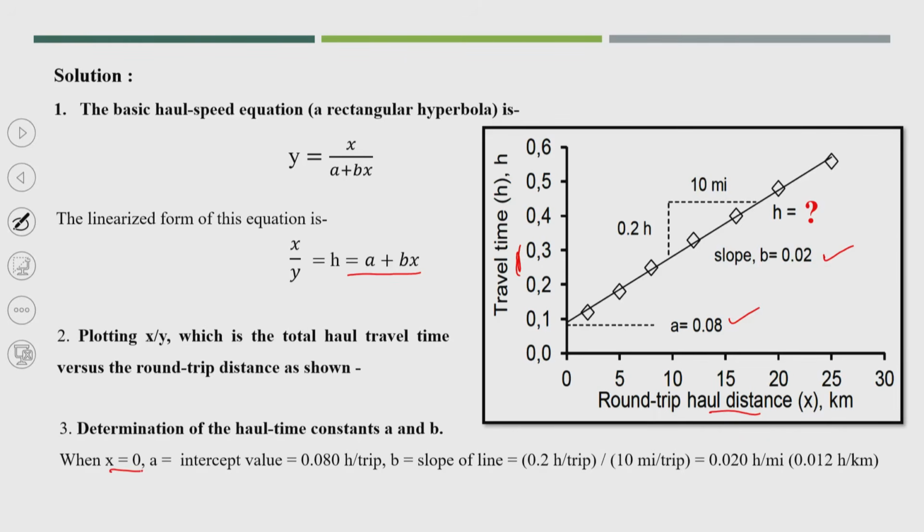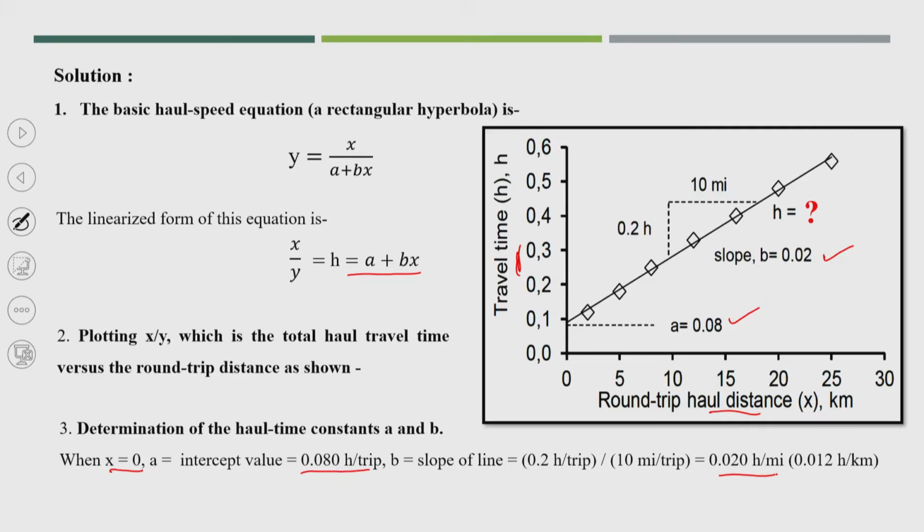So, the intercept A will be 0.080 that we found, and the slope of the line is 0.02 hour per mile. So, from this graph we calculated the constants A and B for the given data by plotting the graph between total time versus round trip haul distance x.